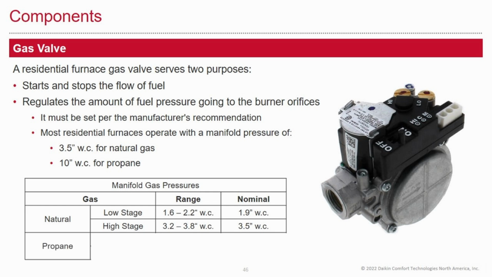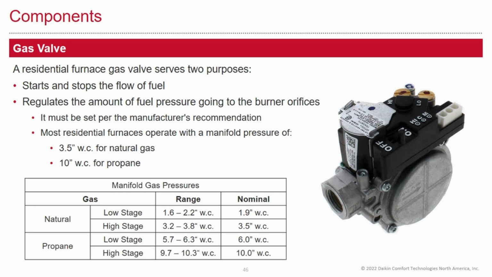For propane or LP, low stage, 5.7 to 6.3 inches water column. Nominal, 6.0 inches water column. High stage, 9.7 to 10.3 inches of water column. Nominal is 10 inches of water column.